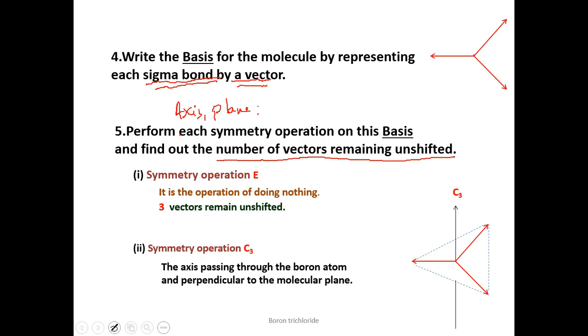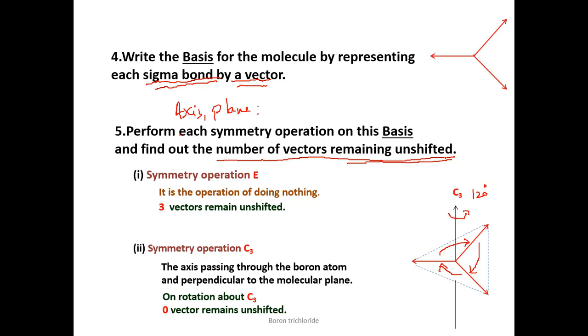You will find a C3 axis like this, passing through the boron atom, perpendicular to the molecular plane, and when you rotate the molecule through 120 degrees, the vector here will be shifted to this position, the vector here will be shifted to this position, the vector here will be shifted to this position. That means all the vectors are shifted, and so the number of vectors remaining unshifted will be 0. So 0 vector remains unshifted.